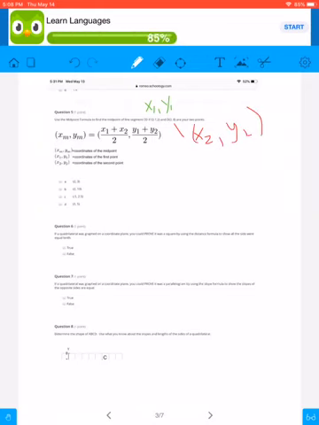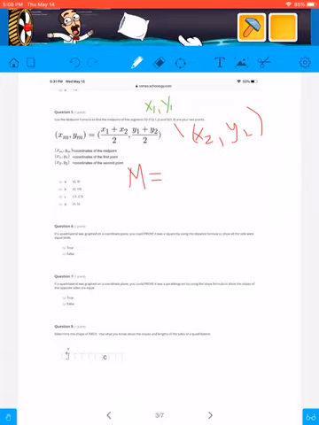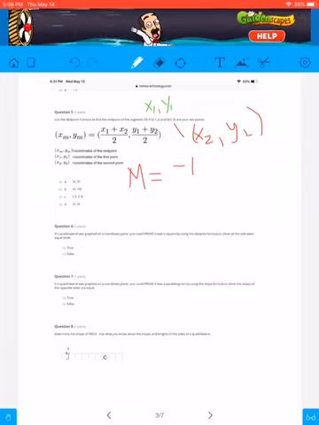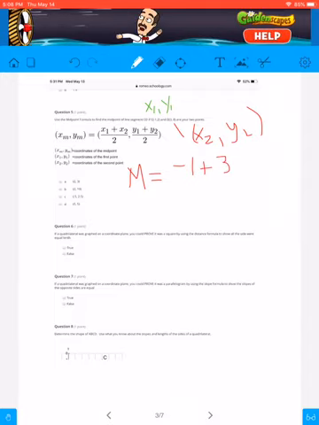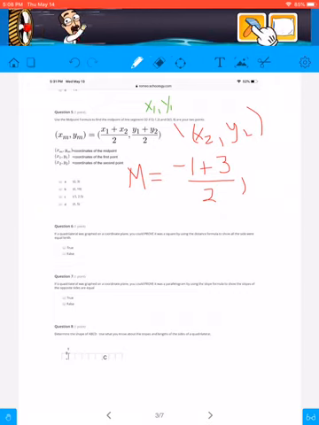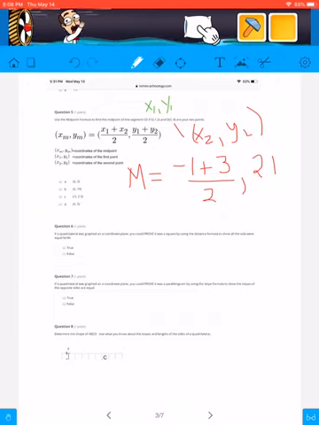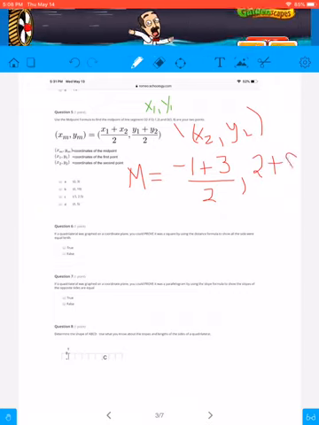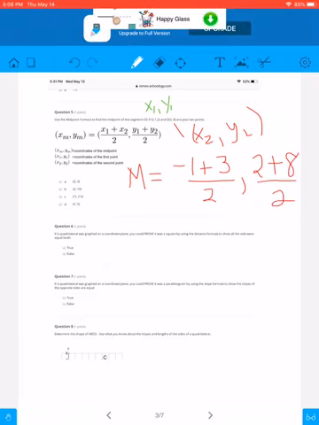So when you set this one up for the midpoint, I'm going to use M for midpoint. You add the x coordinates, so that would be -1 plus 3, divide by 2. And then the y coordinates would be 2 plus 8, divide by 2. So you add first, -1 plus 3 is 2, divide by 2.